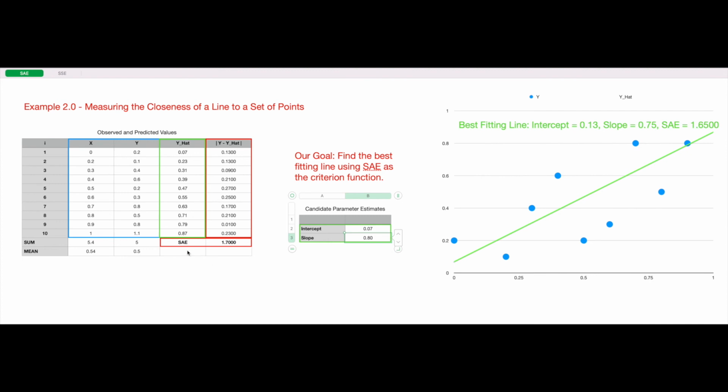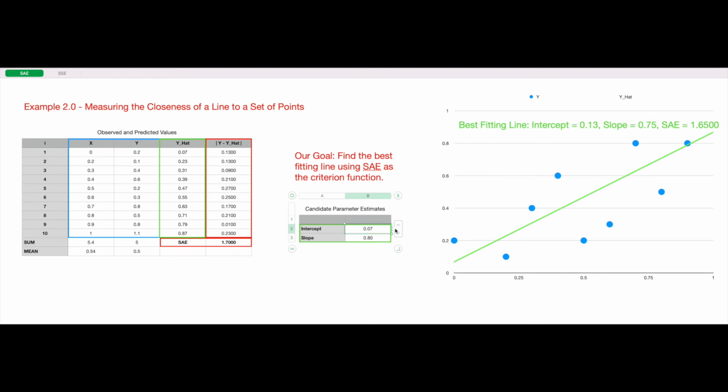But notice that the sum of the absolute errors for the least squares line is 1.7000, which is greater than the SAE value for the minimum SAE line. The minimum value of SAE is 1.6500, and that was obtained by the minimum SAE line. And so we can see that the line that minimizes the SSE criterion does not minimize the SAE criterion.